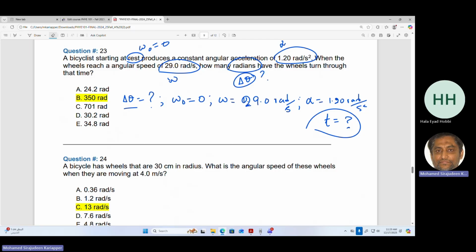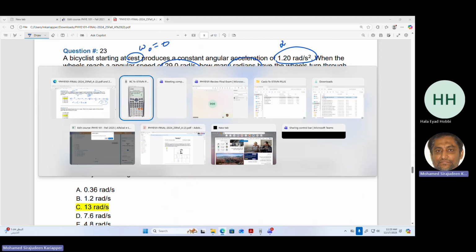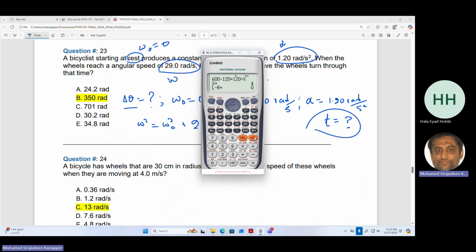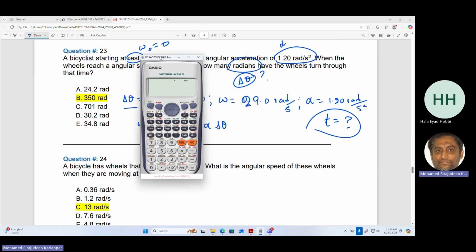So I have to directly go for the equation that doesn't have the time, which is omega squared equal to omega 0 squared plus 2 alpha delta theta. Do you have the time in this equation? No. Let me take my calculator. So I'm wasting my time so you don't waste the time. In an exam situation, this is why you have to be alert.